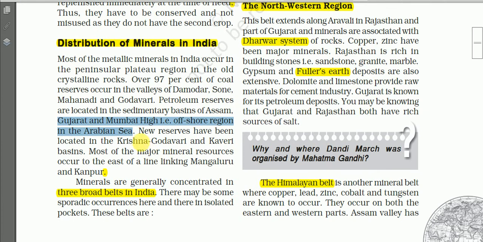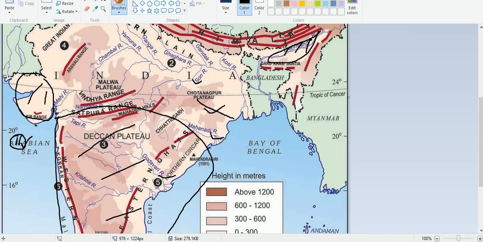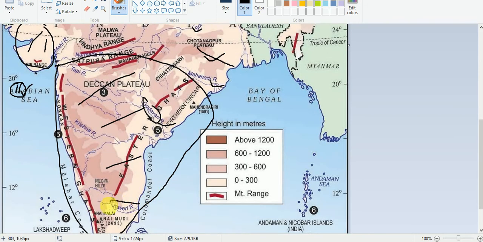New reserves have been located in the Krishna, Godavari and Kaveri basins. So petroleum has also been struck in the river basins of Krishna, Godavari and Kaveri. You may see this on the map: this is the Godavari river, and here we have the Kaveri, and Krishna is here.